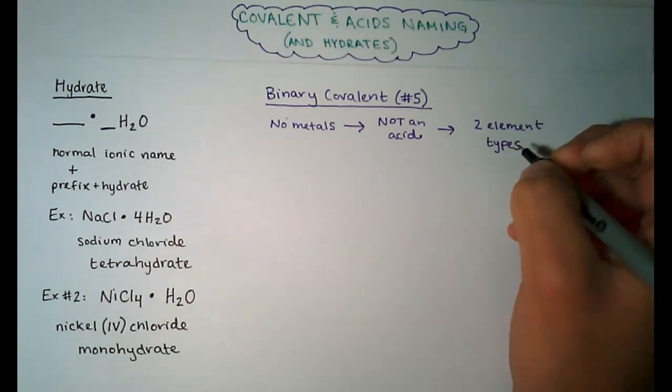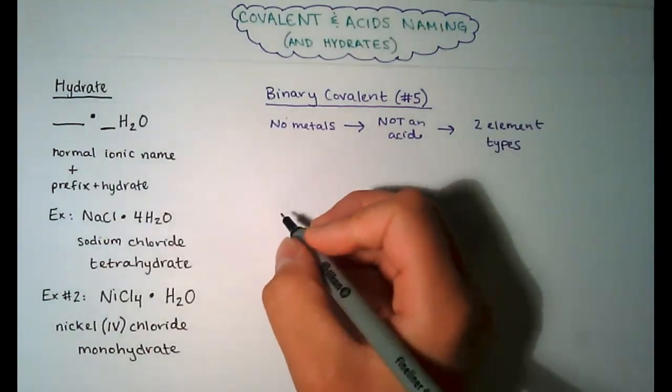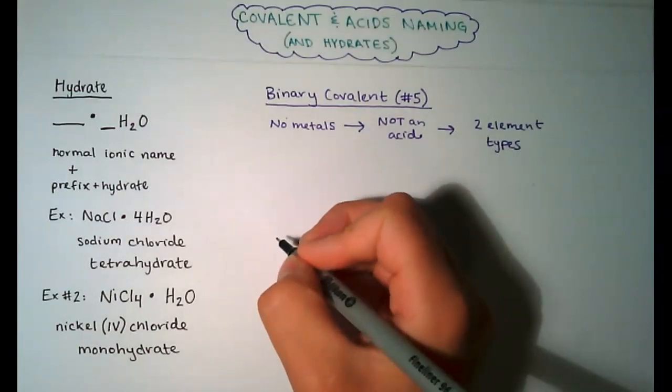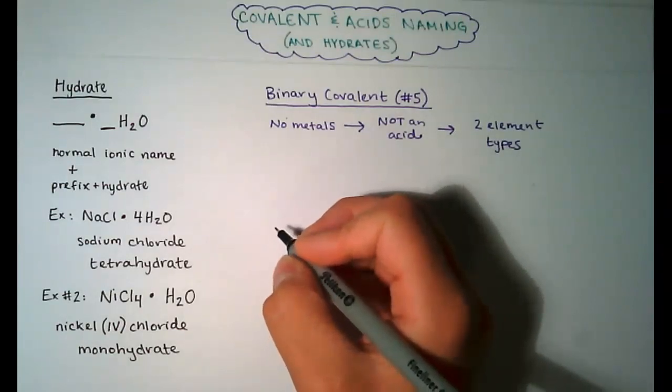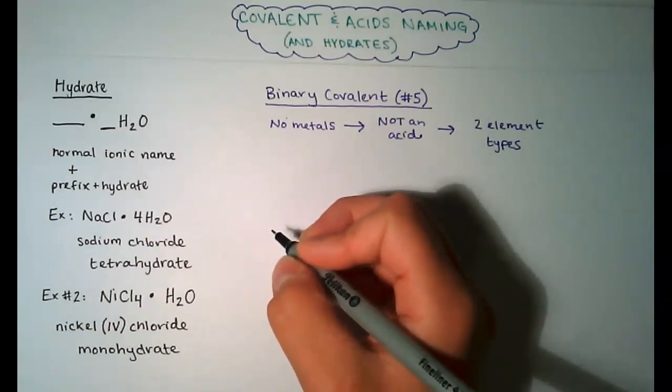And to name a binary covalent compound, we use our set of prefixes, those binary covalent prefixes that you needed to memorize when we were determining formulas.